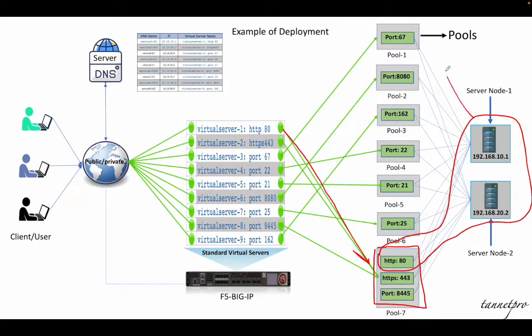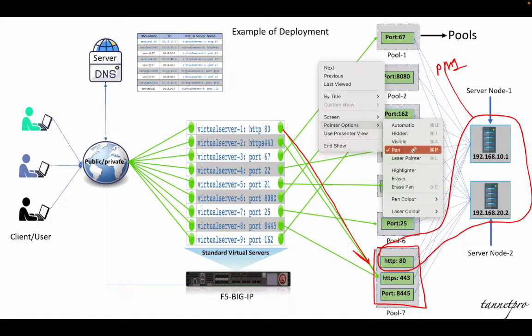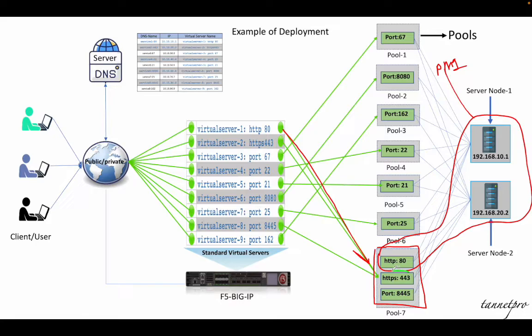You can say this is pool member 1, right? Another one, just think about this. Here you have another pool member, so here is pool member 2, right?